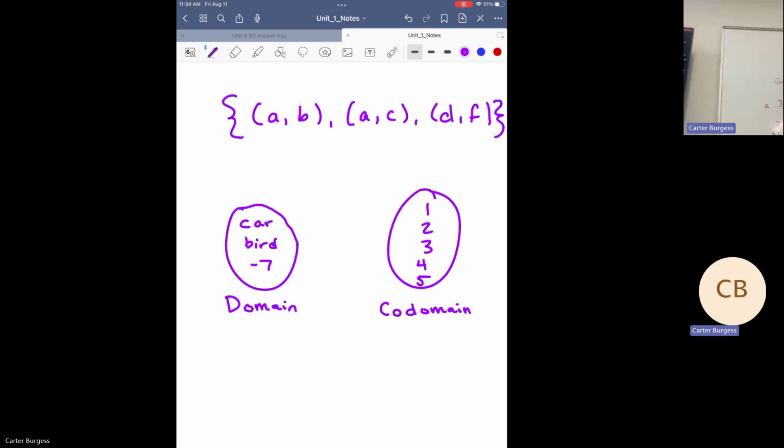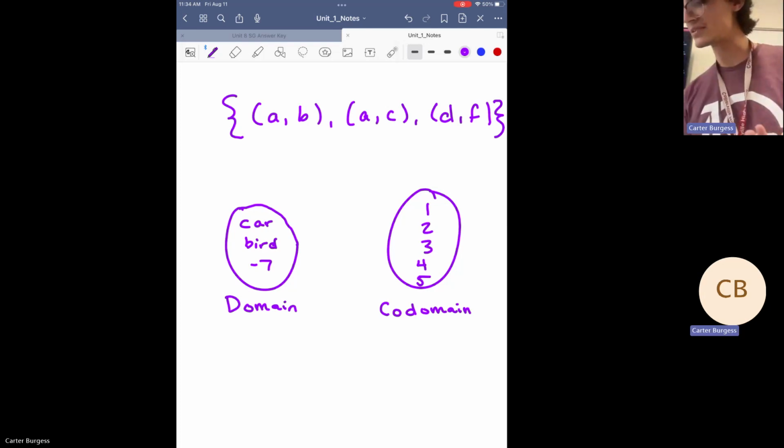This is our domain. We have the collection of all the possible locations that we could end up at. This is our codomain. And a relation is simply a way to link pieces of our domain to pieces of our codomain. In other words, it's mapping: if you turn left, you end up at this location.